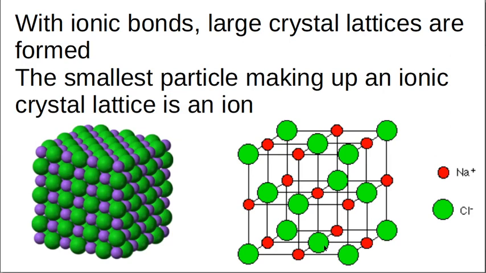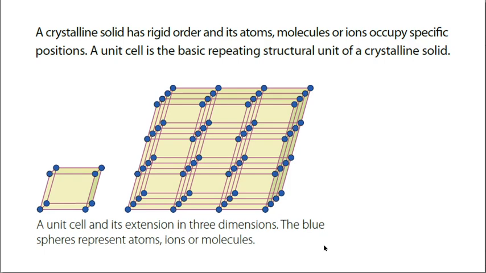This ionic crystal lattice can have different structures. This is what the old textbook defines with the lattice: a crystalline solid has a rigid order, and its atoms, molecules, or ions occupy specific positions. A unit cell is the basic repeating structural unit of a crystalline solid.